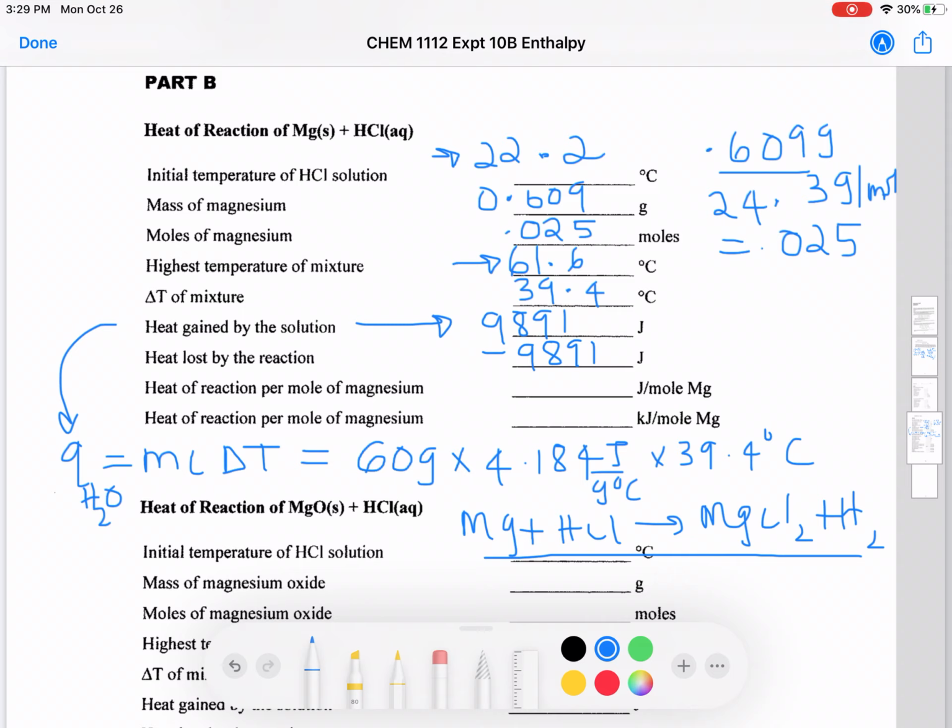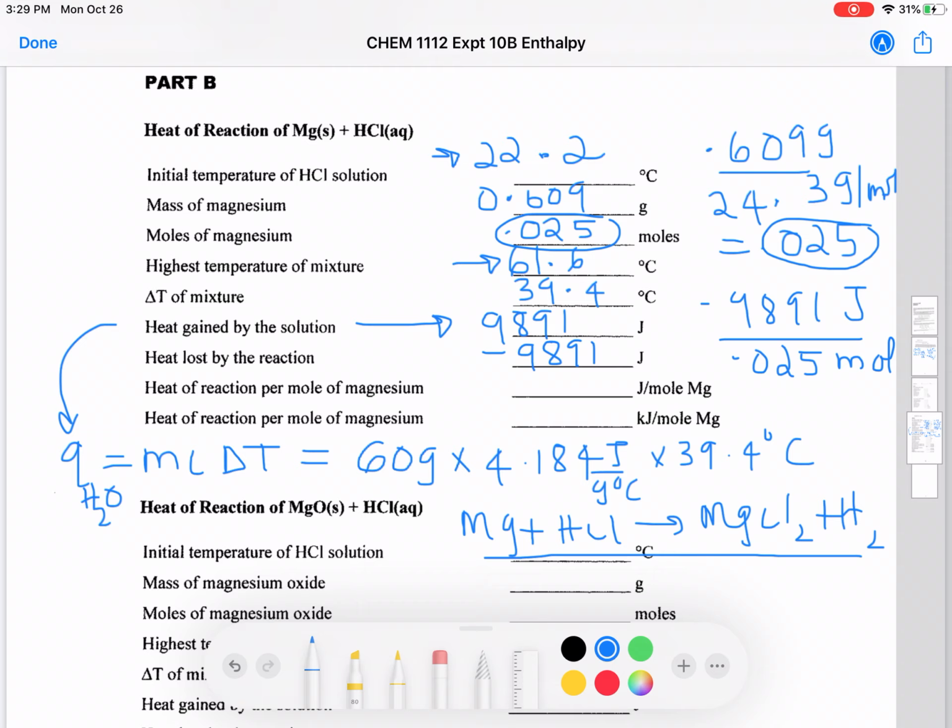And then the next one, heat of reaction per mole of magnesium. So you take the same amount, 9891, and this is in joules. To find out per mole, we had 0.025 moles. So you need to divide this by 0.025 moles to find out what is the heat lost by the reaction per mole of magnesium.